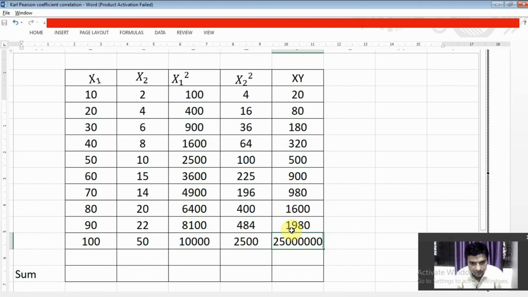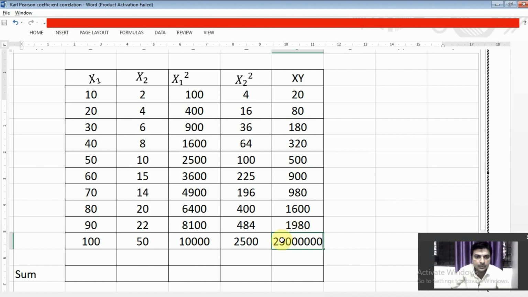Yes, it's a very large number we get here, students. Then just checking the values once again. Yes, it is 10,000, and 50 square is 2,500. So the values are correct.